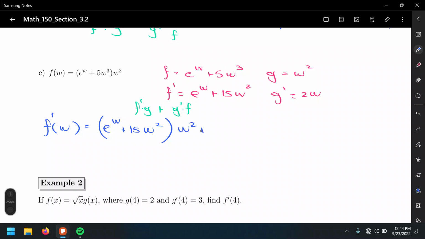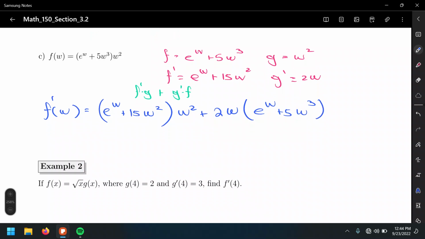All right? Plus g prime, which is 2w, times f, which is e to the w plus 5w cubed. All right. Yes, let's simplify this one.